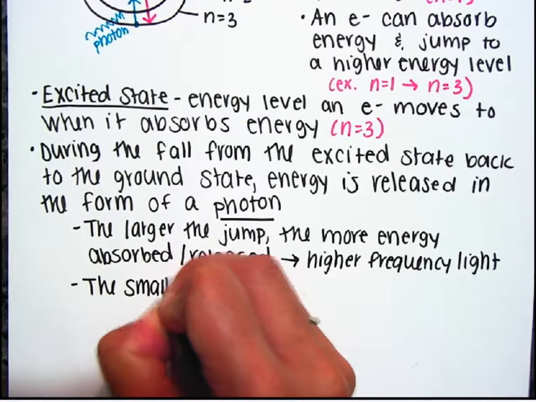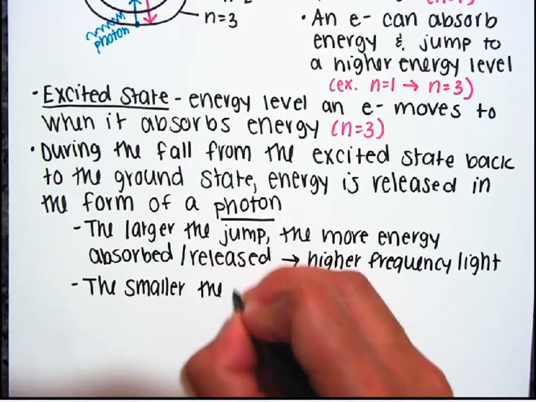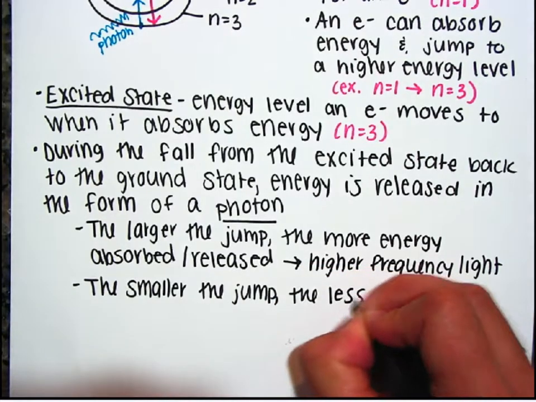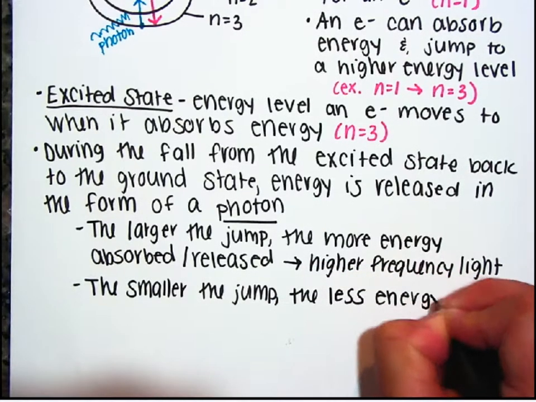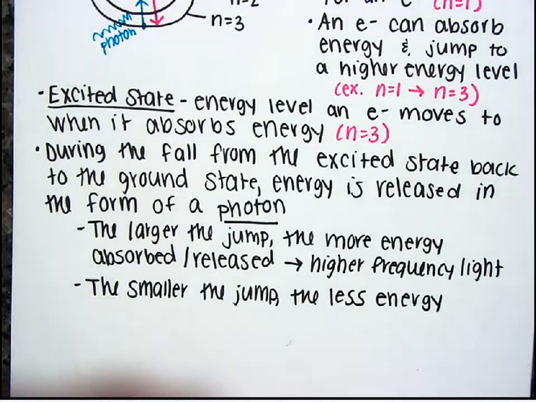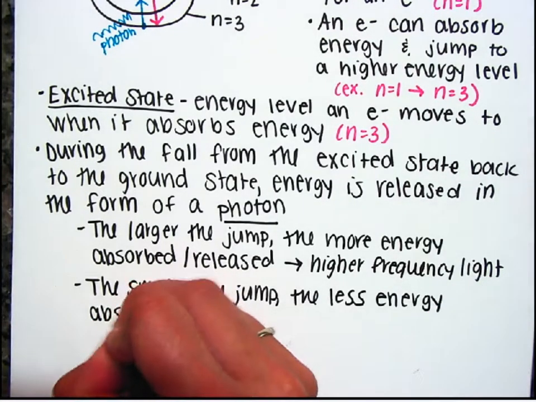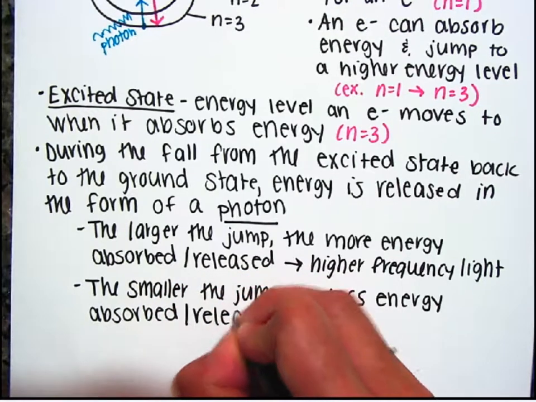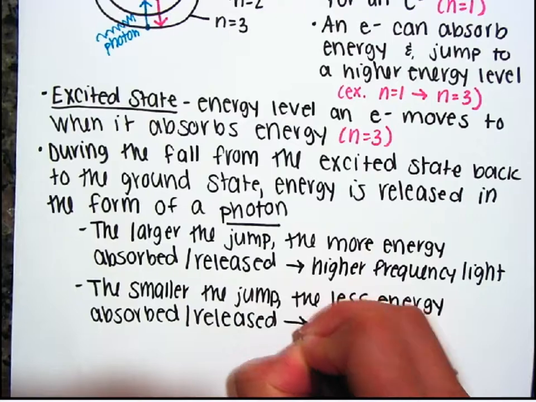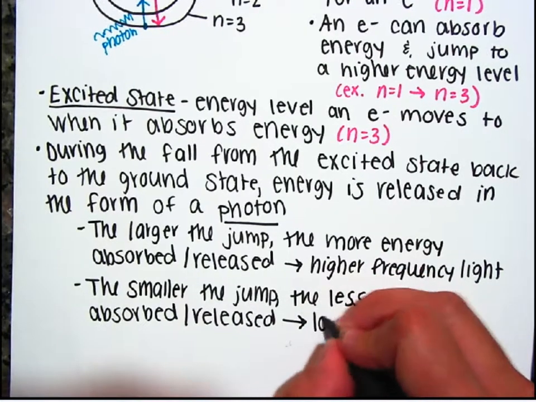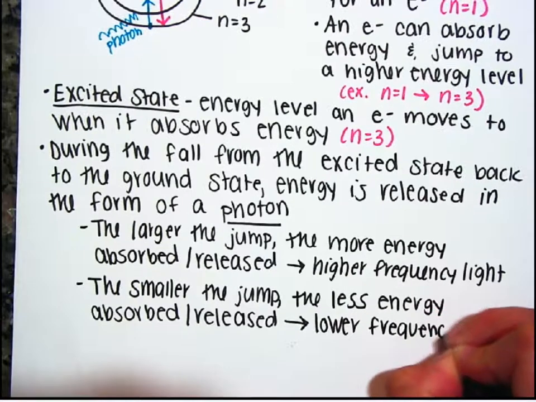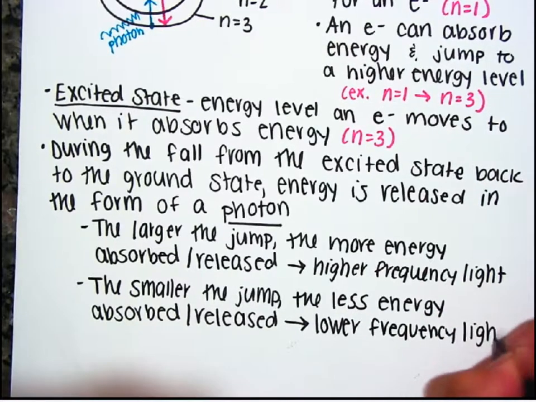And then just the opposite, the smaller the jump, the less energy absorbed or released. So if we are absorbing and releasing less energy, we might see a lower frequency light, maybe like a red or an orange.